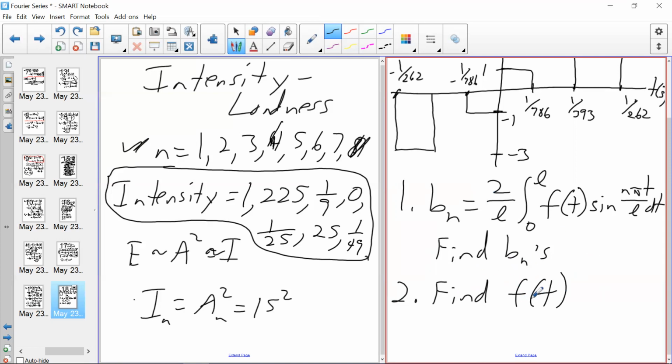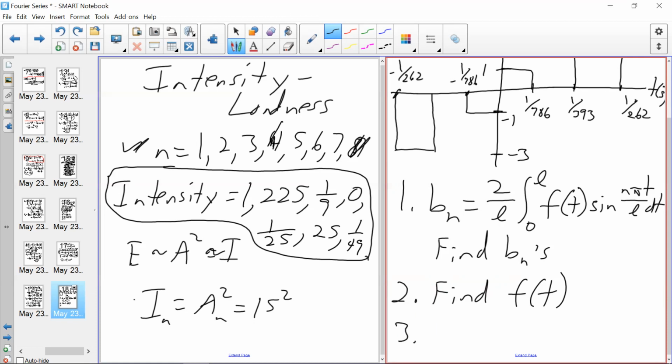Once you find your B sub n's, you just put them back in. After you get your f of t, which is like the p of t that we did before, find your f of t.